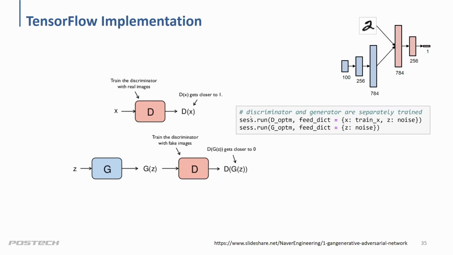Again, as you can see, the discriminator and generator are trained separately. We will do iterations one by one.